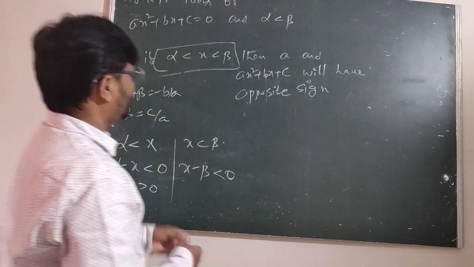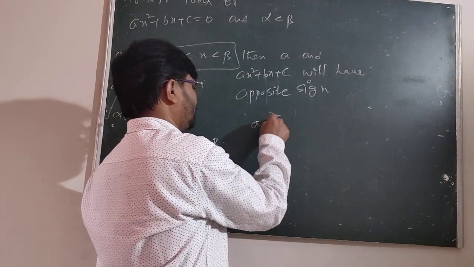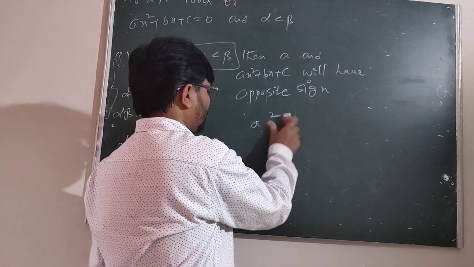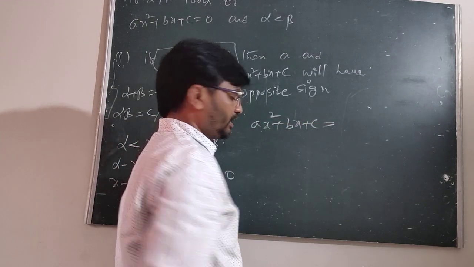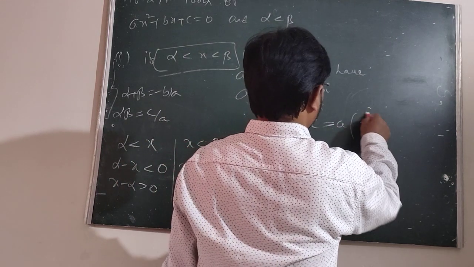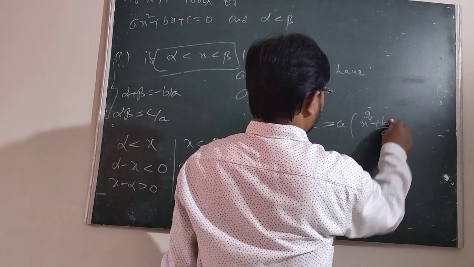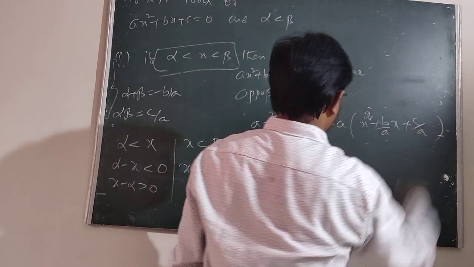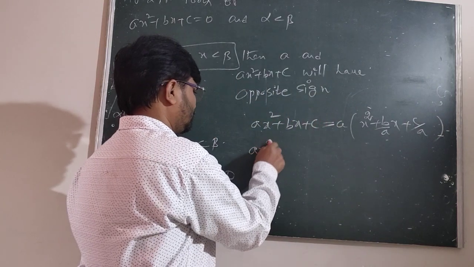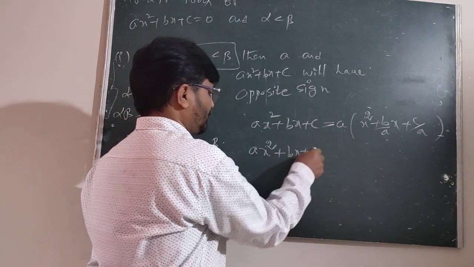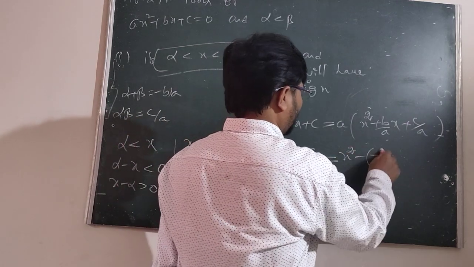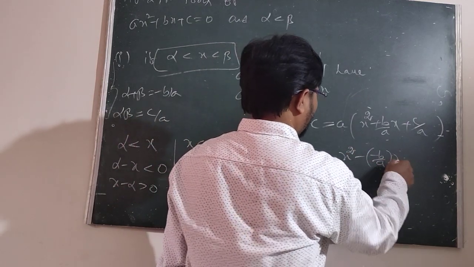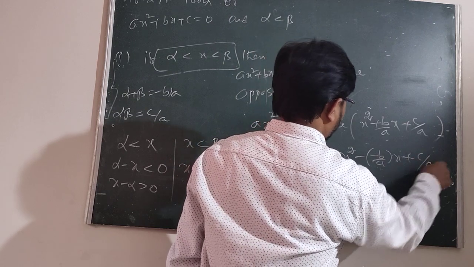Now the given quadratic ax square plus bx plus c can be written as a into x square plus b by a into x plus c by a. Therefore this can be written as x square minus of b by a into x plus c by a.